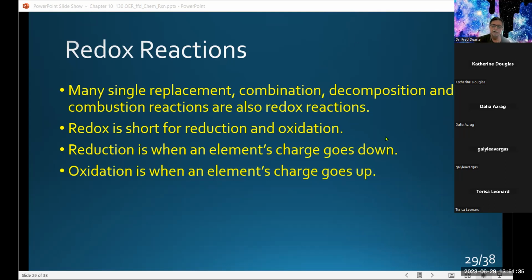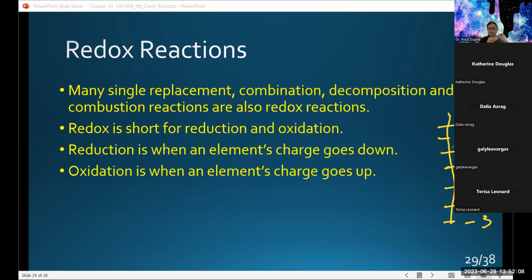Now think of it in terms of a number scale, okay? So we have a number scale, and we have 0 right here. And then going up we get 1, 2, 3, etc. But going down the scale becomes a negative value, right? -1, -2, -3, etc. And so an element starts off at 0.